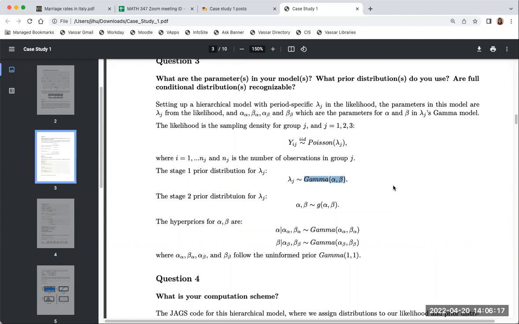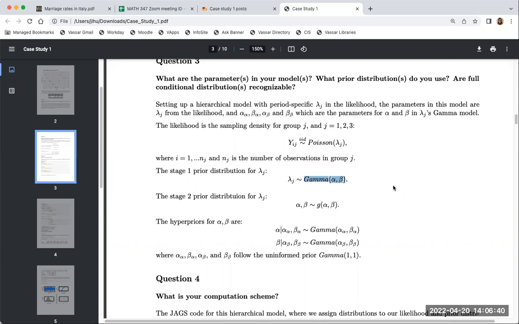Well, I was thinking about that. I think the gamma 1 1 sort of looks like this, right? So the averages you're getting are around 5 to 9.